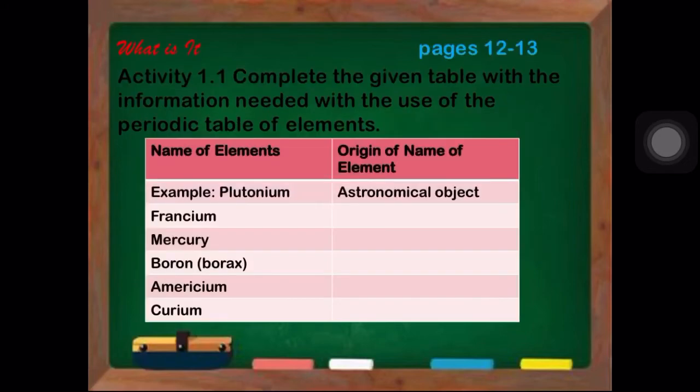Now, you're going to answer your Activity 1.1, pages 12 to 13 in your module. Complete the given table with the information needed with the use of the periodic table of elements.